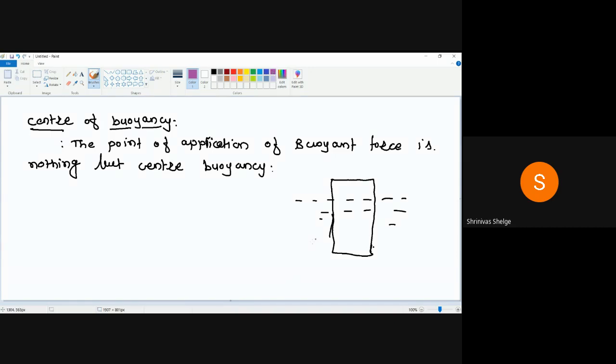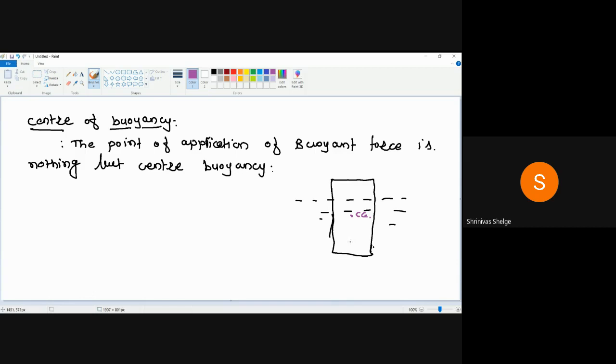So somewhere here, the center of gravity is there. Correct? So obviously the center of buoyancy is always below CG. Why is it always below CG? And where exactly is it? How to define the position of the center of buoyancy?